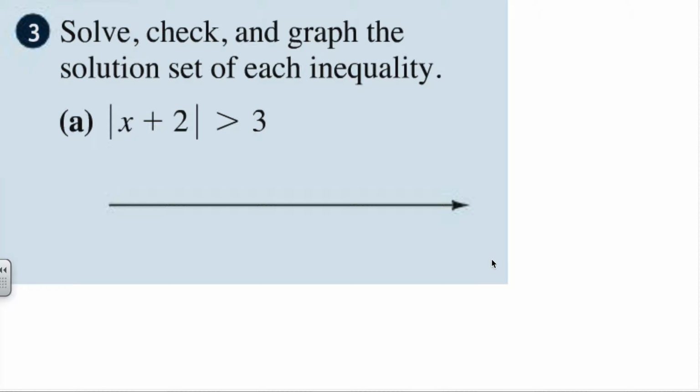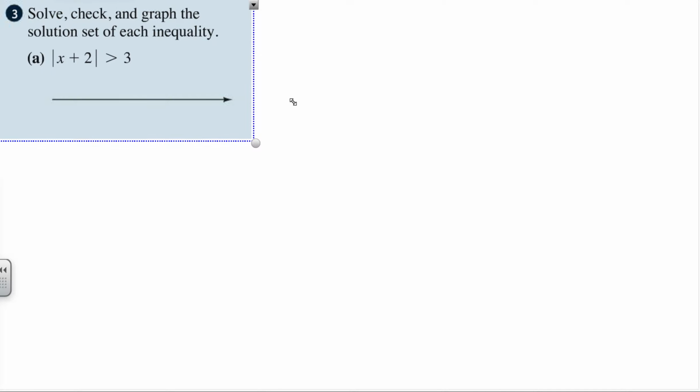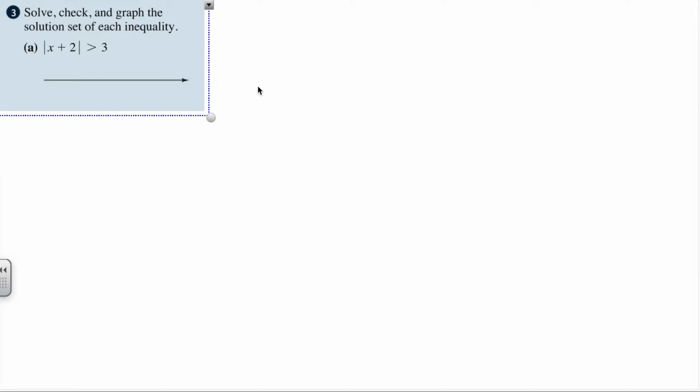So we want to solve and check. So we have a greater than, so we do it just like the equal symbol. We're going to say x plus 2 is greater than 3, or x plus 2, and then flip.